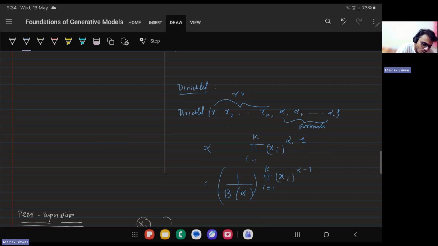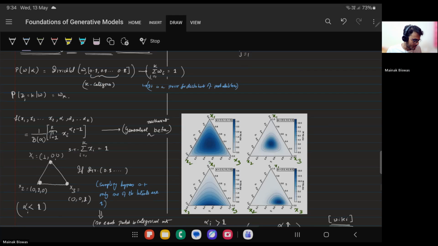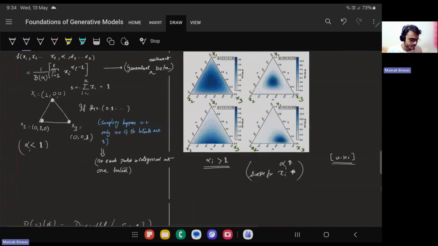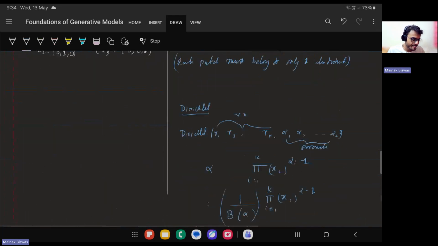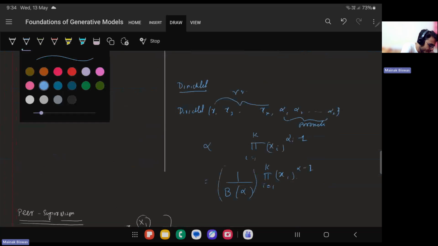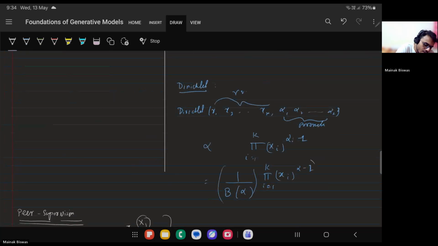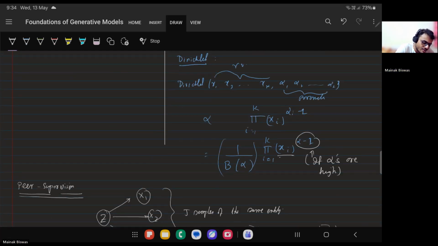You can see that if alphas are high, then what can you say?